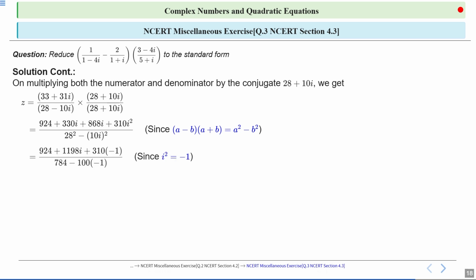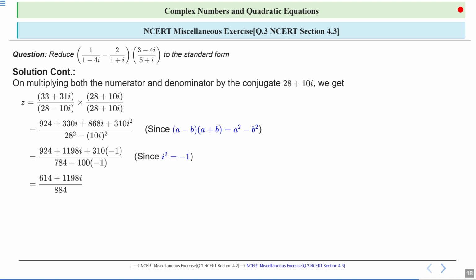Since iota square is minus 1, we use this and simplify to get z equals 924 plus 1198 times iota plus 310 times minus 1, divided by 784 minus 100 times minus 1.